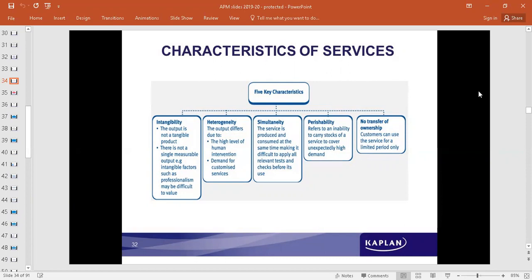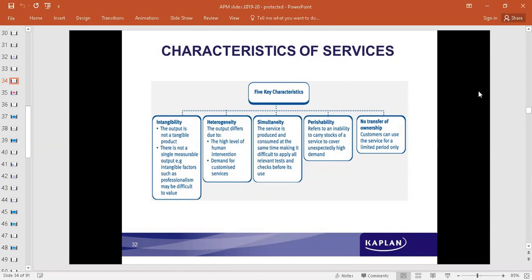Okay, so that customization is what we can see as an attribute here under services, heterogeneity or customization. The output differs due to the high level of human intervention and demand for customized services. Another important thing is, as the service is provided, it has to be simultaneously consumed.